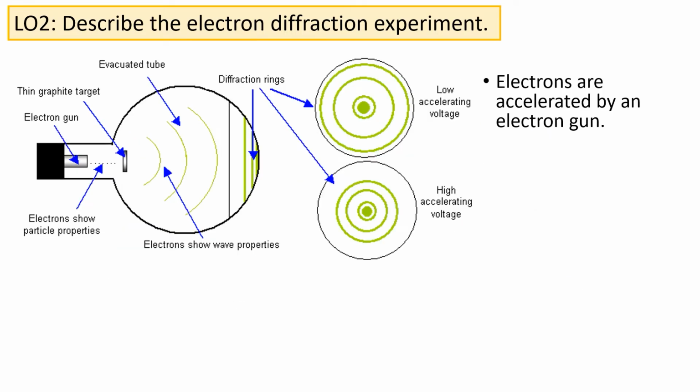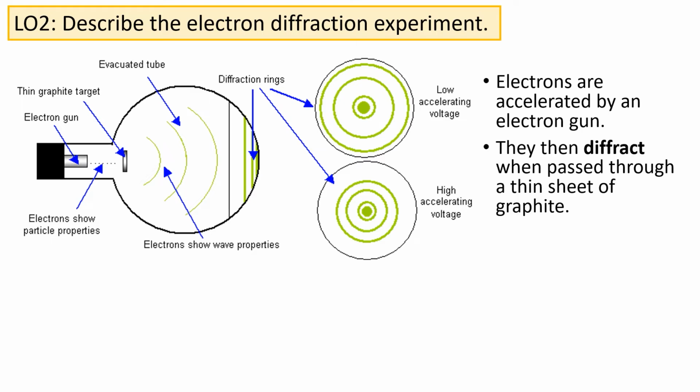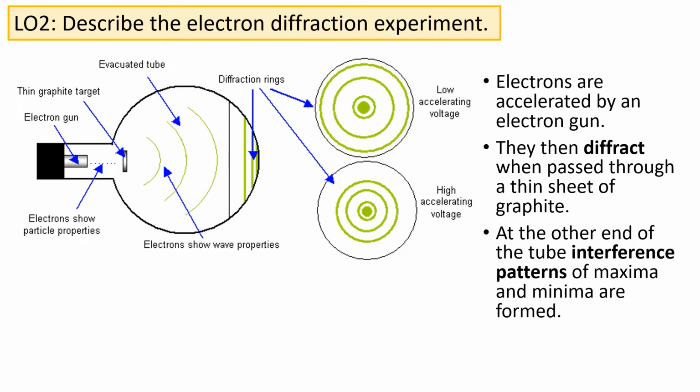In this experiment, electrons are accelerated by a device known as an electron gun to very high velocities. They are then passed through a thin graphite target where they were observed to spread out or diffract. Finally, the electrons reach a screen where they were observed. At this screen, we see an interference pattern of maxima and minima consistent with constructive and destructive interference.